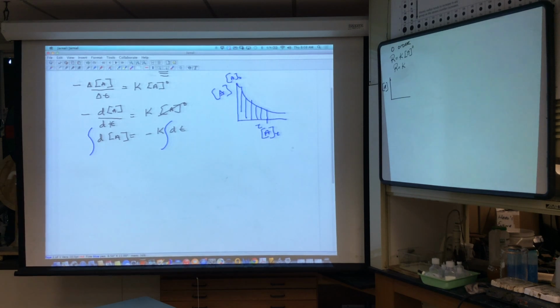So when we do an integral, it's called a definite integral. We're going to tell it where we're going to take those slices. So we're going to go from A of t, that's the final, minus A at 0, which is the initial. So final minus initial. And the same thing here, we go from t0 to whatever t becomes.